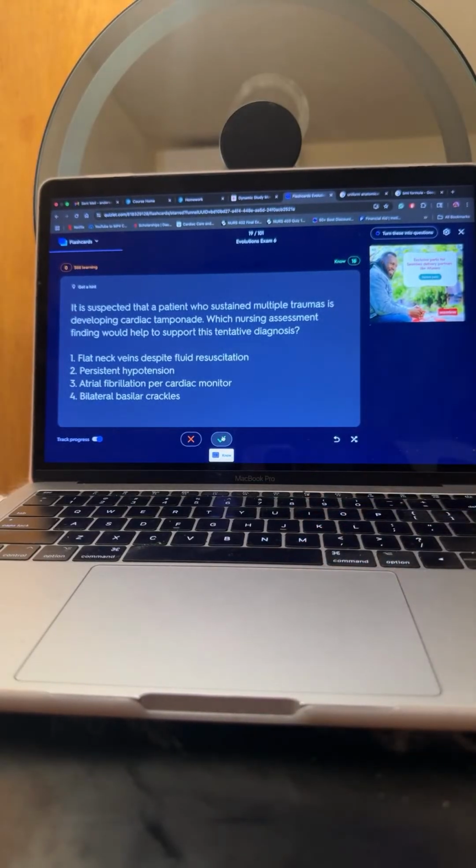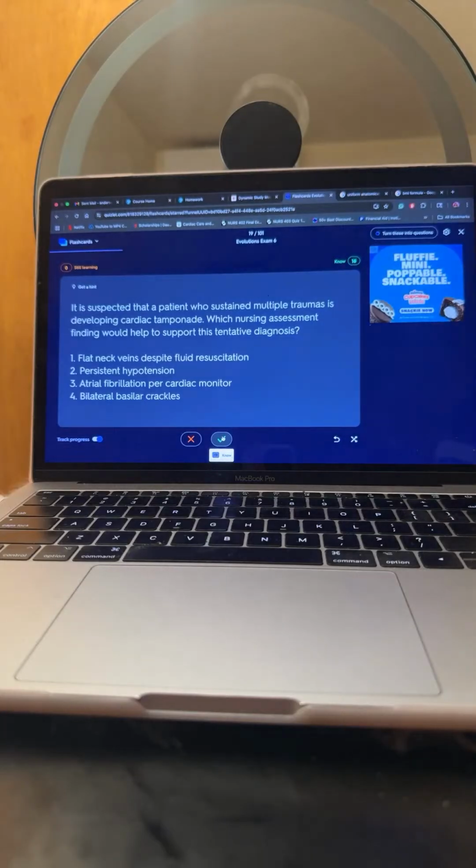It is suspected that a patient who sustained multiple trauma is developing cardiac tamponade. Which nursing assessment finding would help to support this tentative diagnosis? So for cardiac tamponade, there is a triad called Beck's triad that is associated with the manifestation of it. So it's hypotension, jugular vein distension, and the last one is muffled heart sounds.